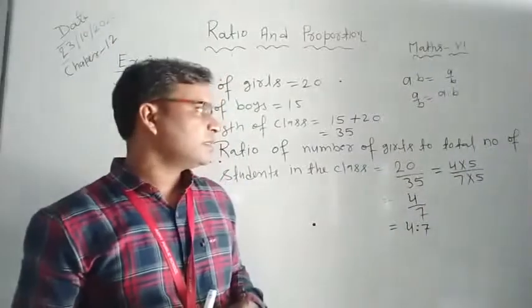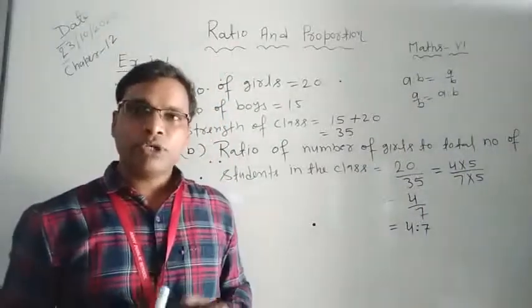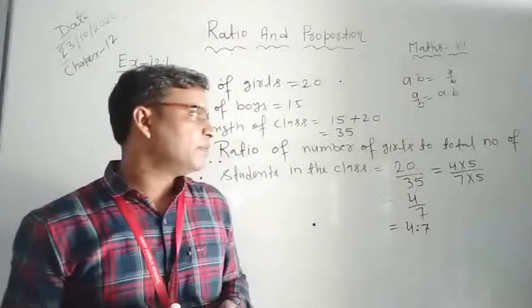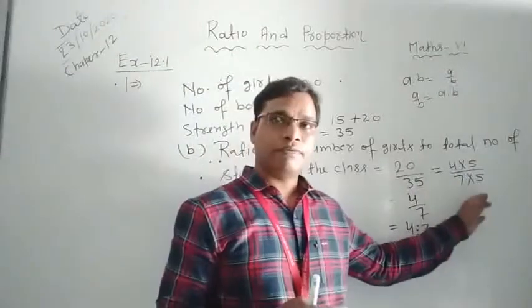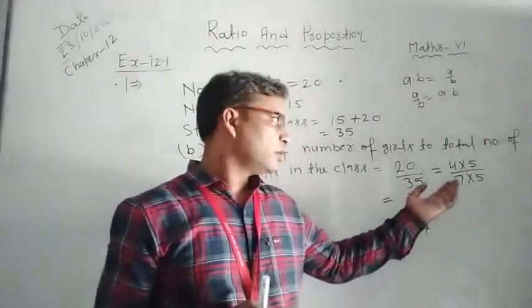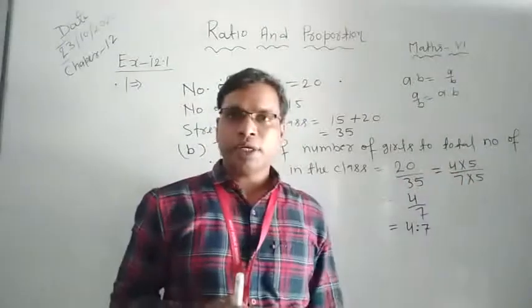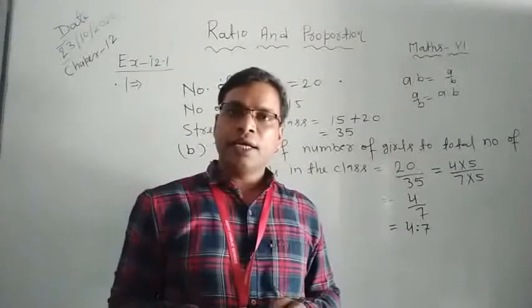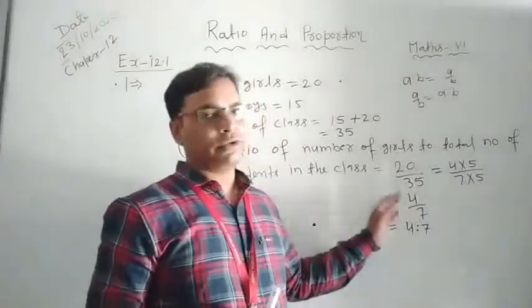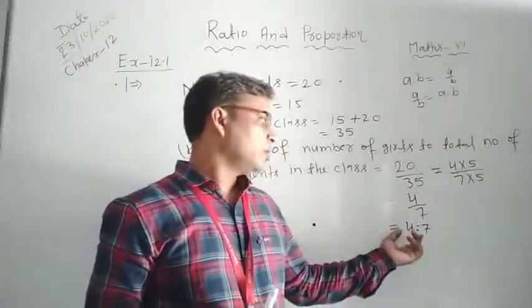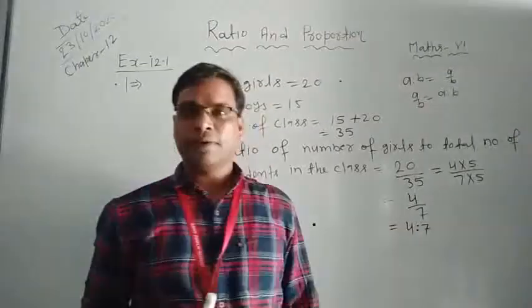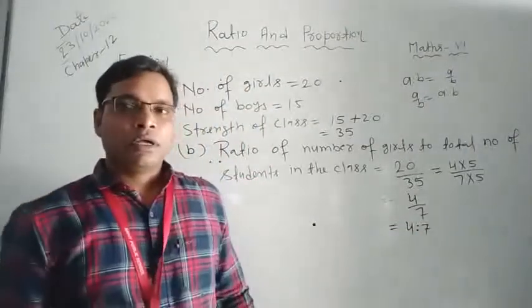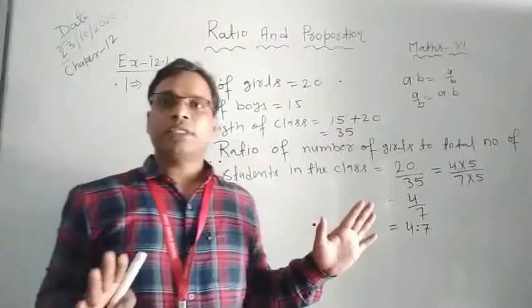You can write 20 as 4 into 5 and 35 as 7 into 5. You can see that in the numerator and denominator 5 is common, so you can cancel it and you obtain 4 by 7. So the required ratio is 4:7. Now we are going to discuss the next question.